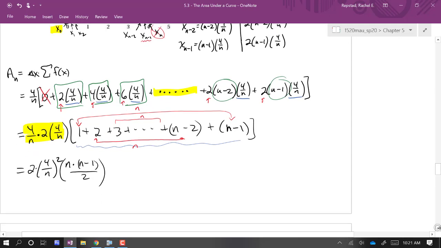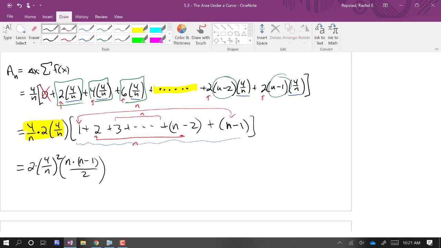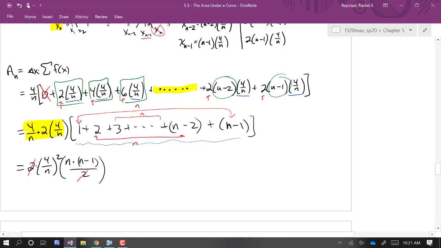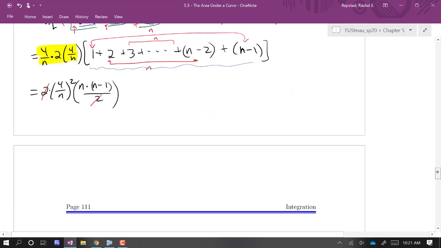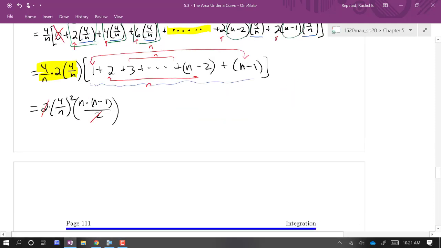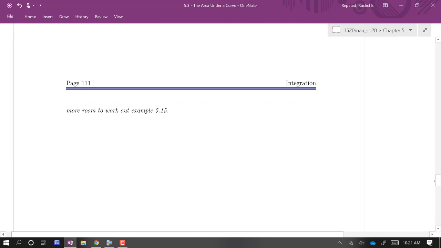Do a little bit of simplifying here. The 2's cancel. I'm running out of room on this page, but I've accounted for that. Moving down on the next page, I'm going to square the 4 over n, so we have 16 over n squared times n minus 1 over 2.